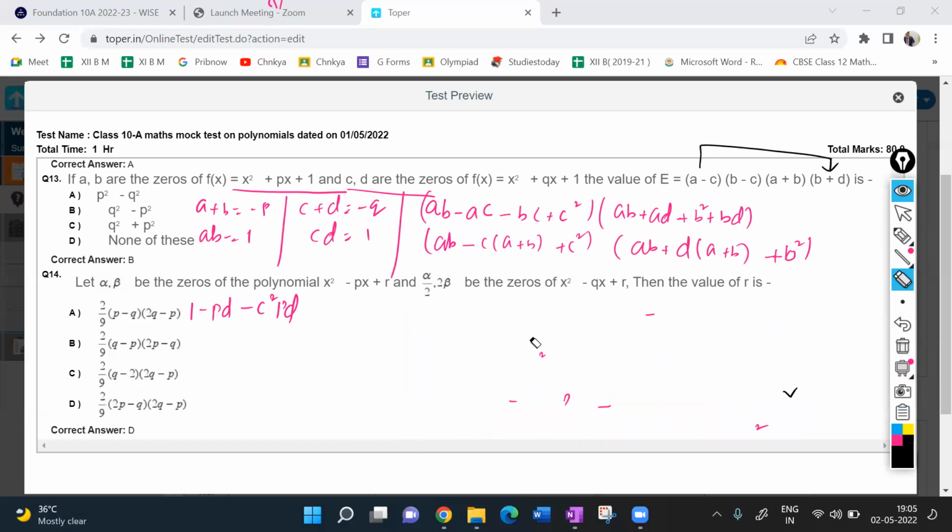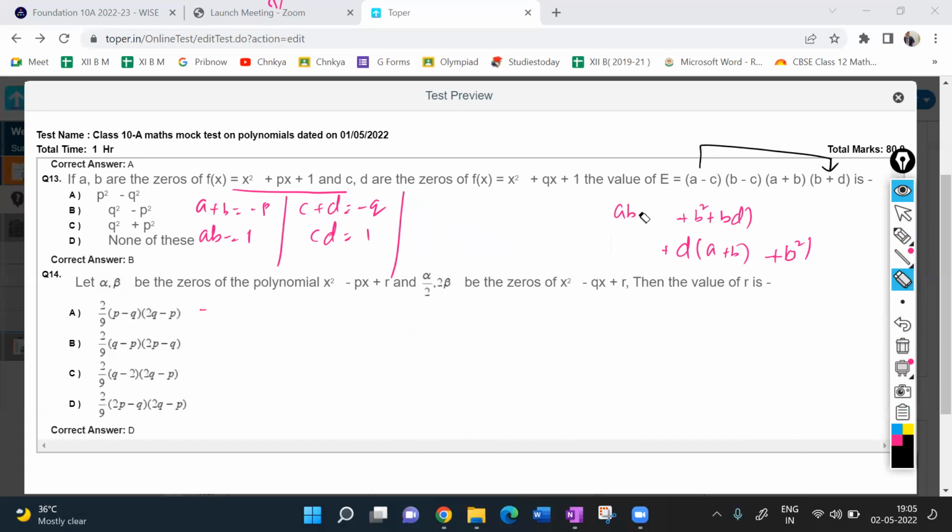Will that make any difference? I'll tell you the difference. If you go with the first and last terms, look here: AB plus AD minus BC minus CD.